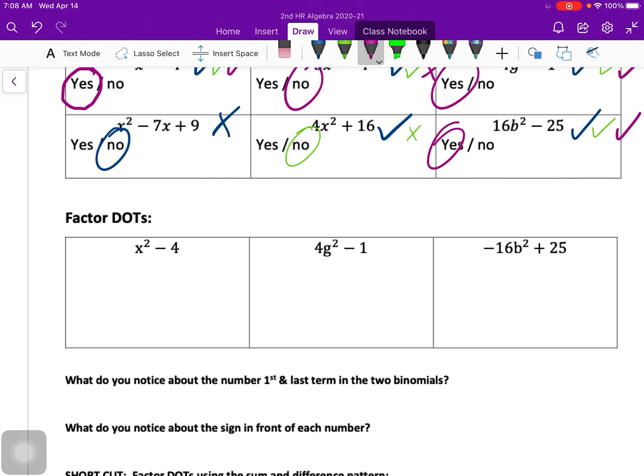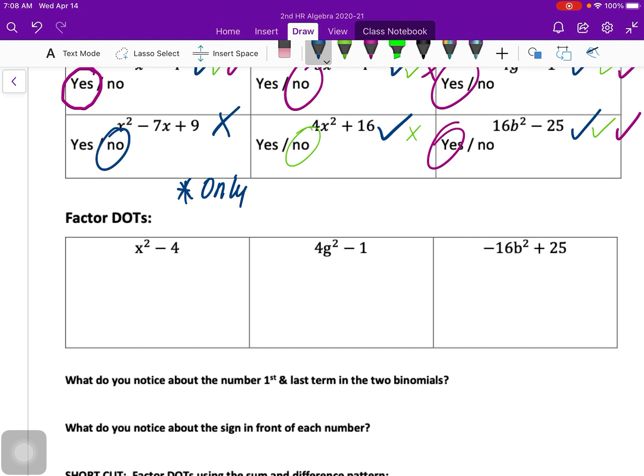There's a couple important things that you need to know here. First of all, the reason it's important that you're able to identify the difference of two squares is because this is the only time a binomial will factor into two binomial factors.